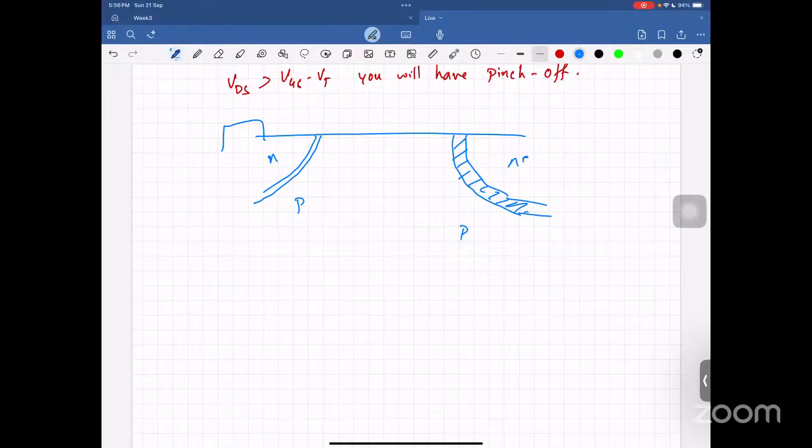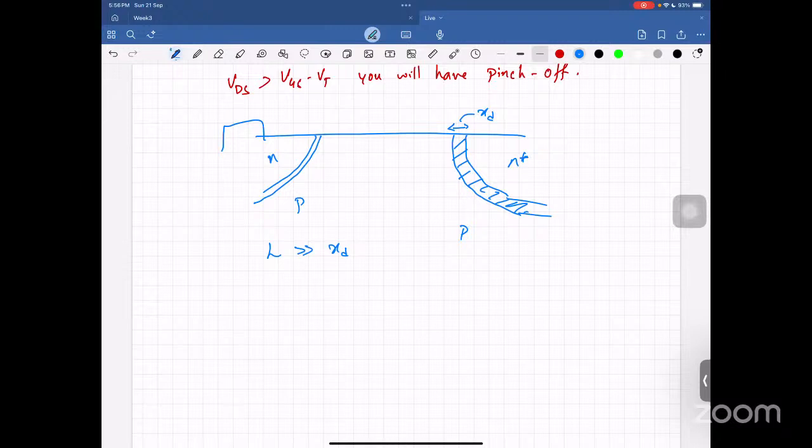So now what happens is, if you have here this, let's call it XD, the depletion region distance. When your channel length is much larger than XD, nothing much happens.